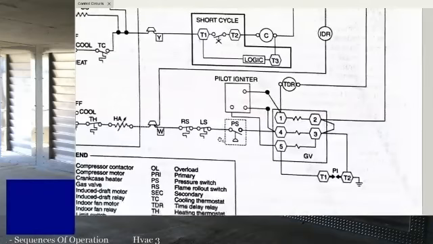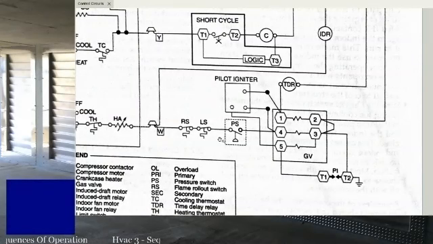Furnace sequence of operation is pretty important because it's hard to follow all the wires on these furnace boards, and almost all these furnace boards are the same from manufacturer to manufacturer. With higher efficiency equipment, some of them are getting a little different, but for the most part, they have followed the same sequence for about the last 20 to 30 years with only minor differences.